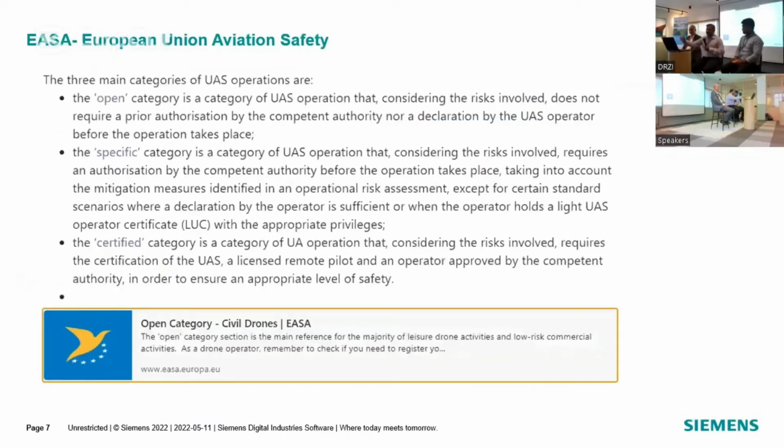So this is just an example, right? How ESA classifies the safety. One is the open category, which is not very risky. The second category is specific, and that goes into a little bit more detail. And then the next one is the certified category, especially very big drones, which need to be operated with a license and so on, right?